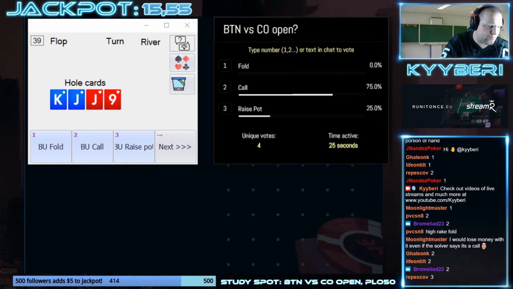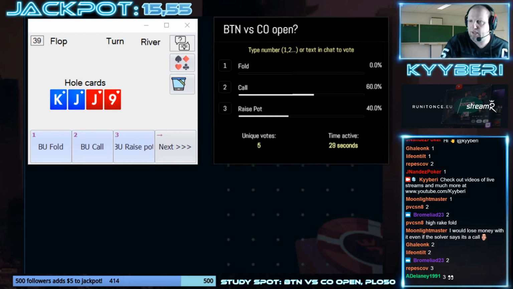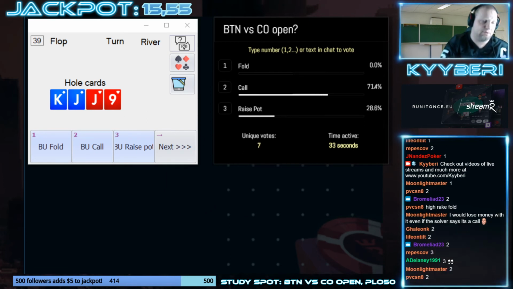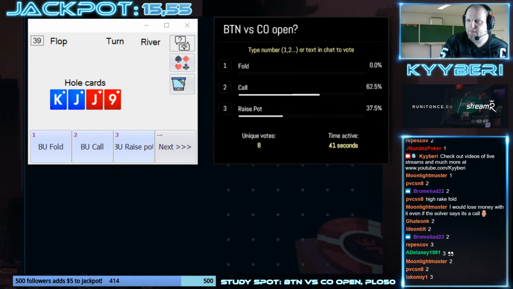Where is it? There it is. We should 3-bet around 8% of hands. So I'm not sure if this goes to the 3-betting category or not. Probably the right answer now is it's a mixed strategy. You get everything right. But I wouldn't be surprised if it's a 3-bet.